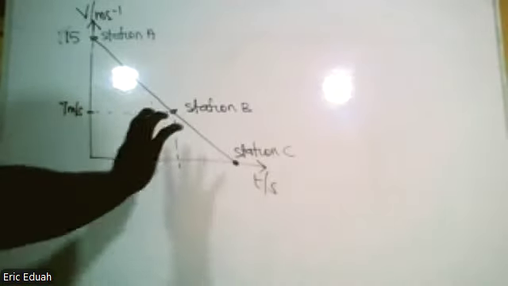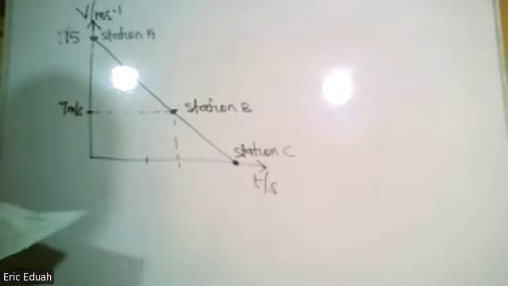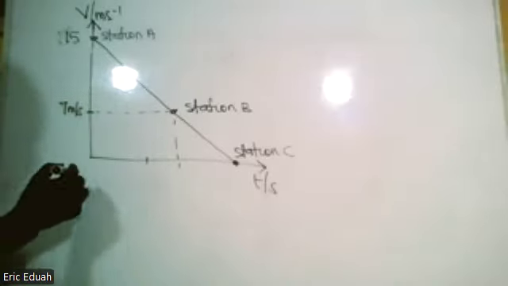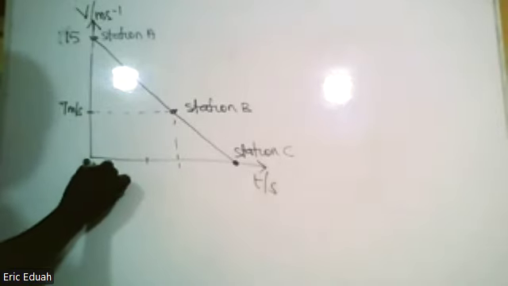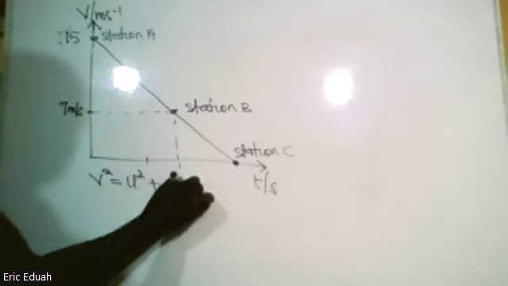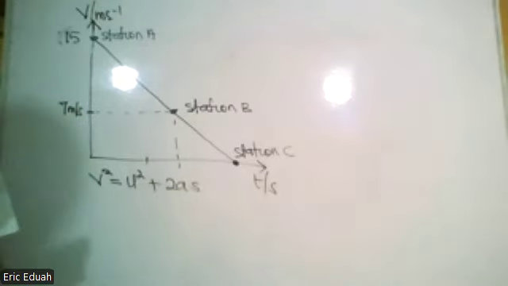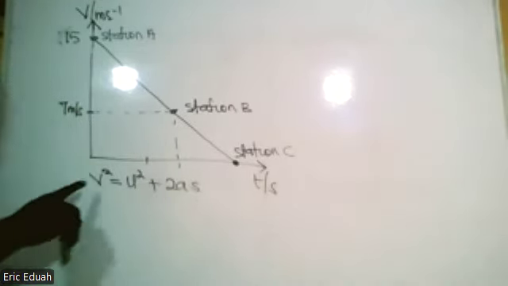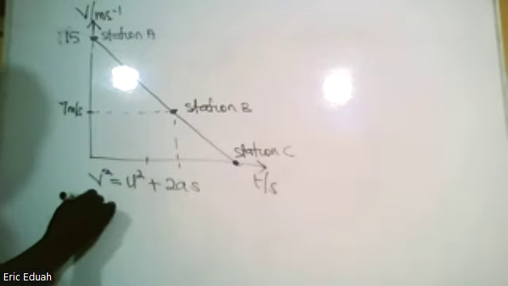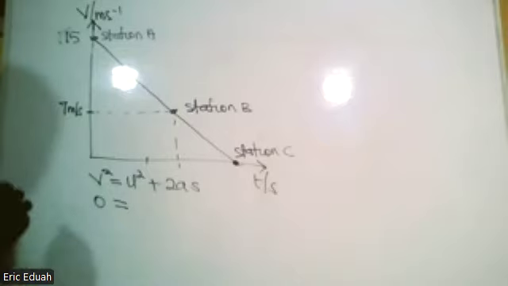So we can use this information to find the uniform acceleration of the body using v squared equals u squared plus 2ax. Now what is v? V is the final velocity at station C. What is u?